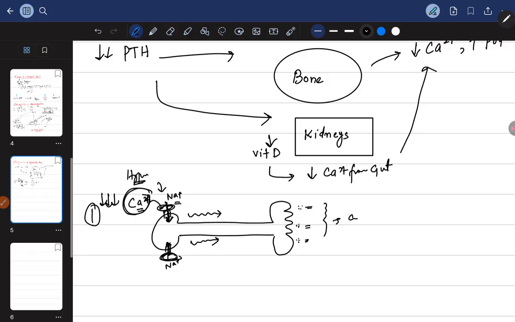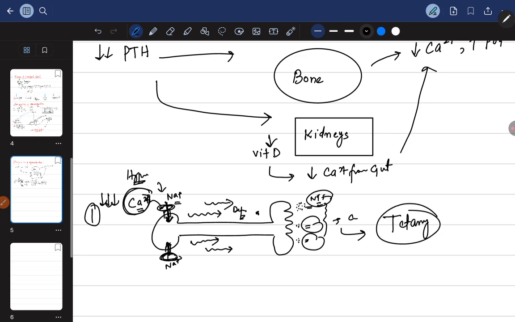Okay, meaning there will be continuous neurotransmission, increased depolarization of these neurons, and increased action potential across the neurons, and that will lead to the sustained release of neurotransmitters. And whenever there is sustained release of neurotransmitters, that leads to the condition we know as tetany.